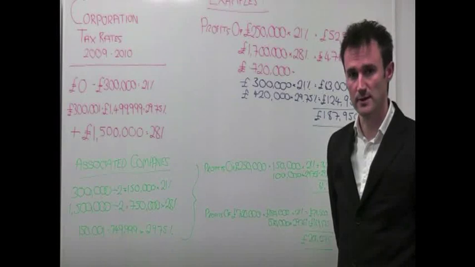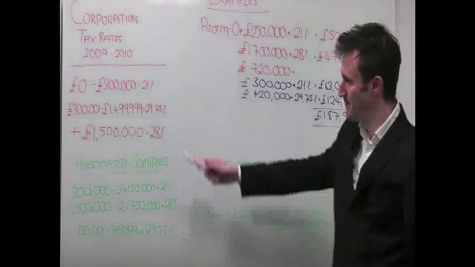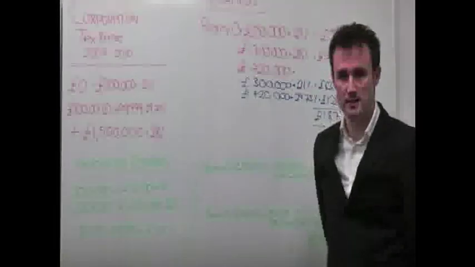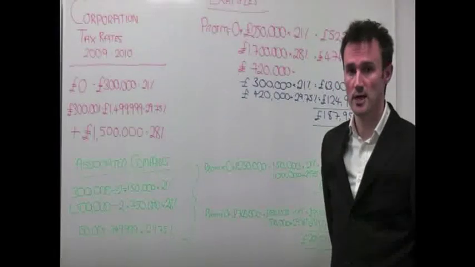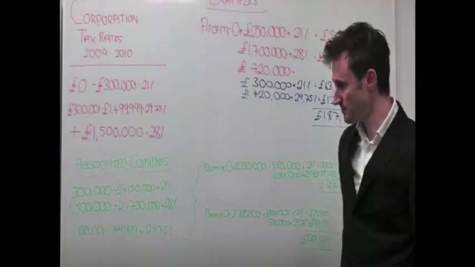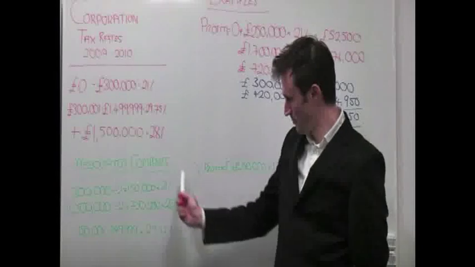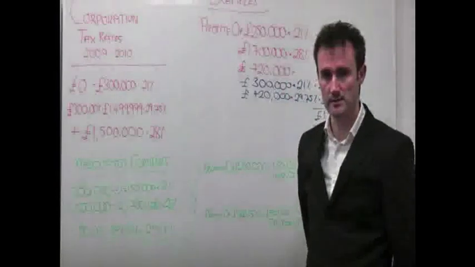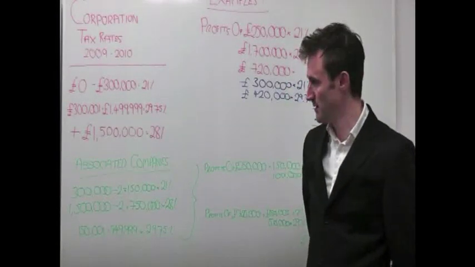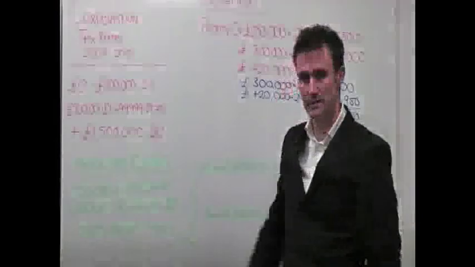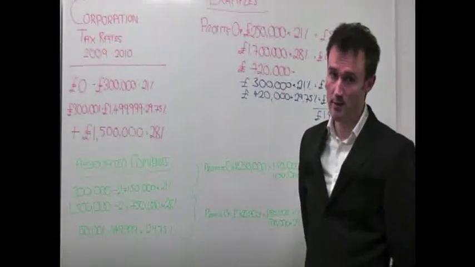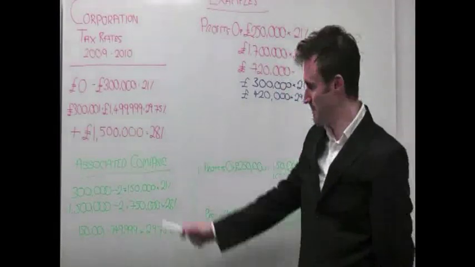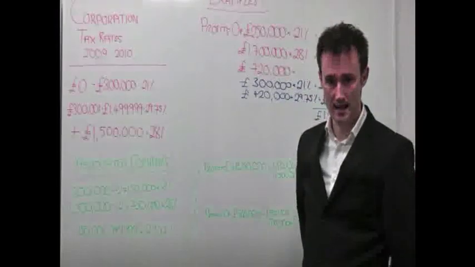The significance of this point is that it will affect the bands for the corporation tax liabilities for all associated companies concerned. If we had two companies that were associated together, then the bands have to be divided by 2. If there were 3 companies associated, then the bands would be divided by 3, etc.